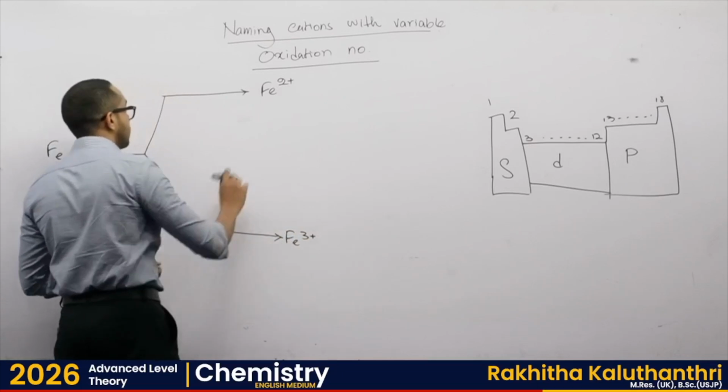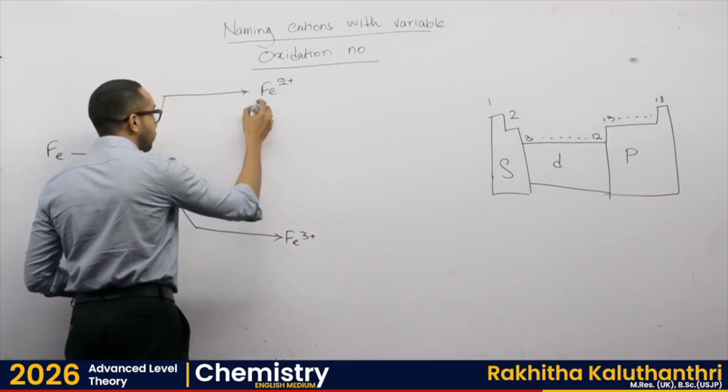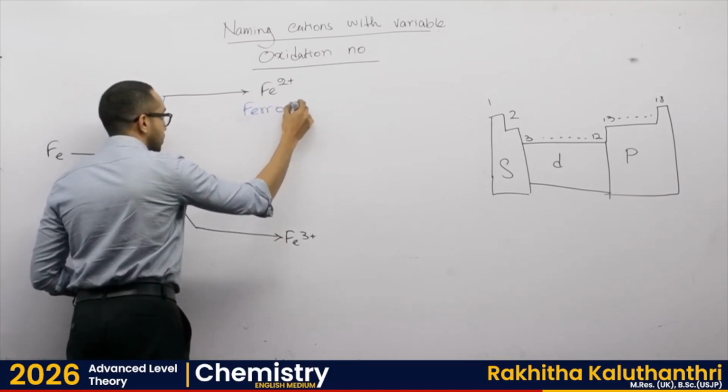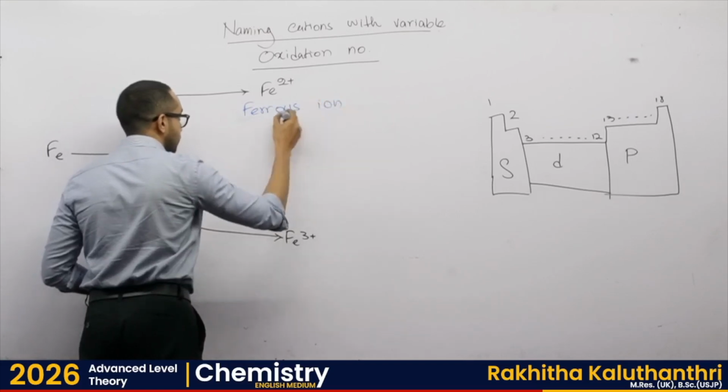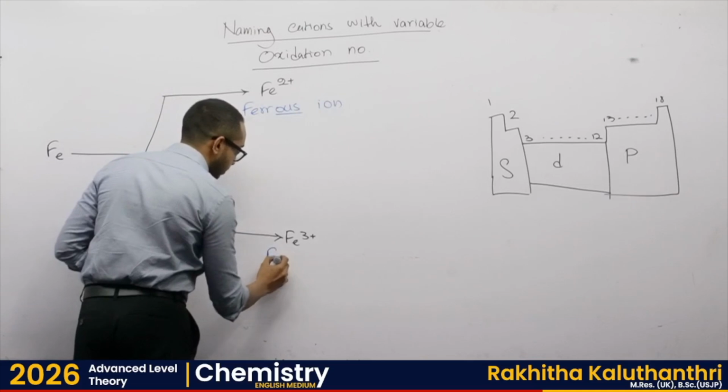So the trivial names, I will write in blue. The trivial name here is ferrous. This is called ferric.